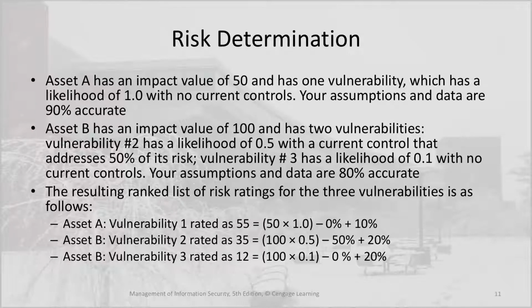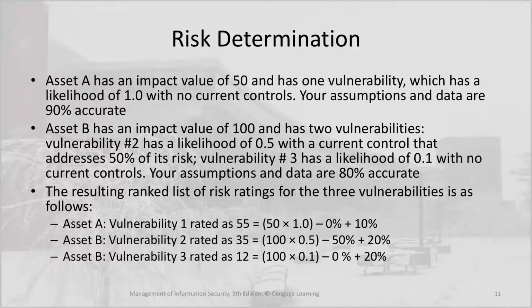Consider the following example. Asset A has an impact value of 50 and has one vulnerability which has a likelihood of 1 with no current controls. Your assumptions and data are 90% accurate. Asset B has an impact value of 100 and has 2 vulnerabilities. Vulnerability number 2 has a likelihood of 0.5 with a current control that addresses 50% of risk.